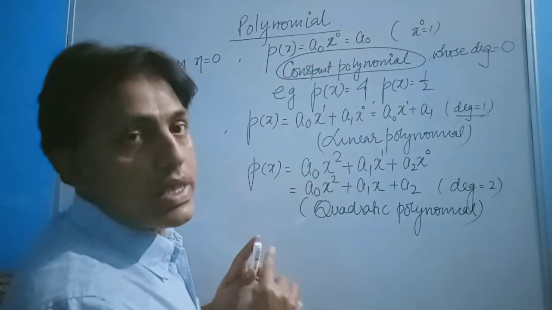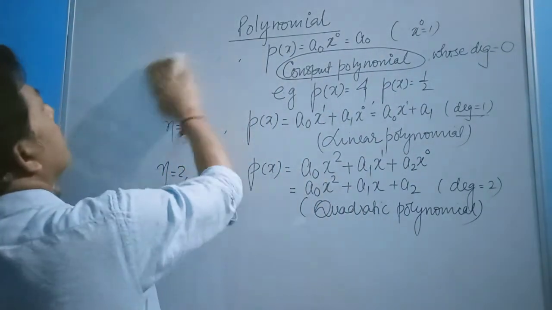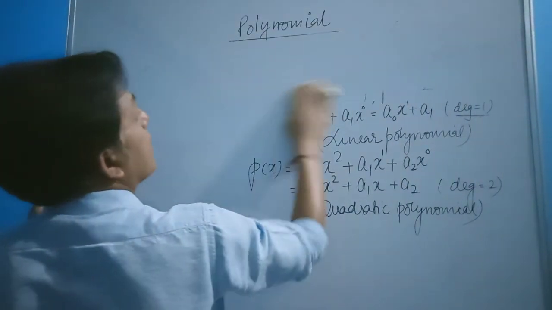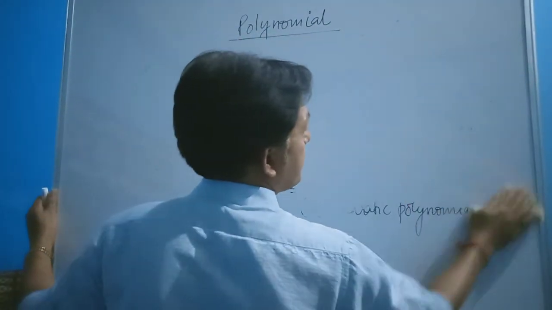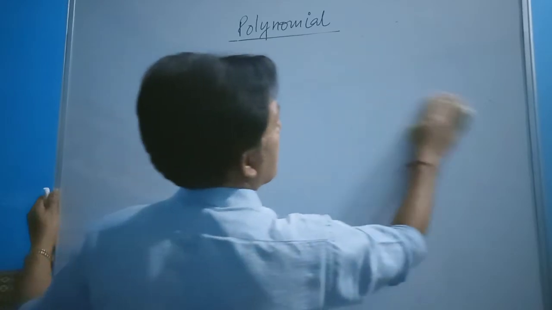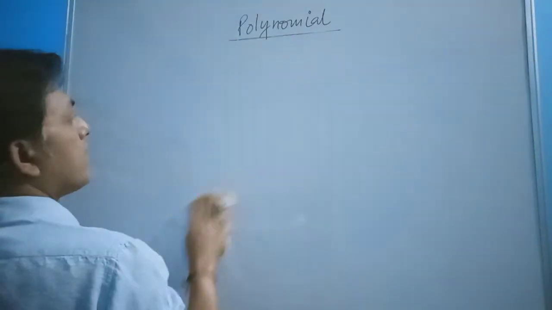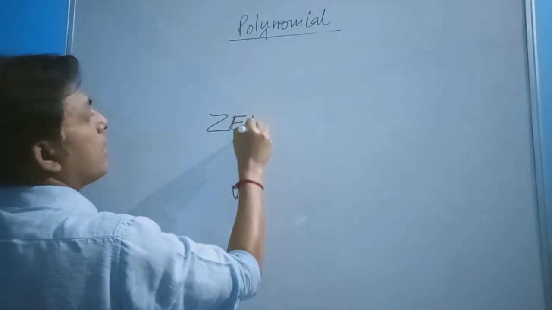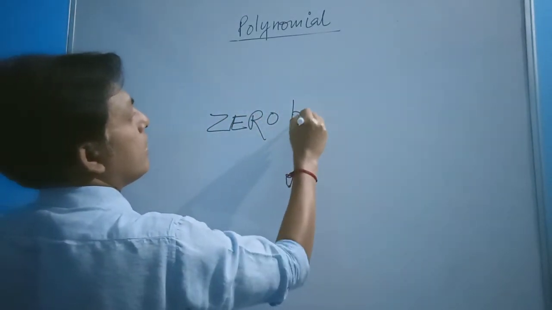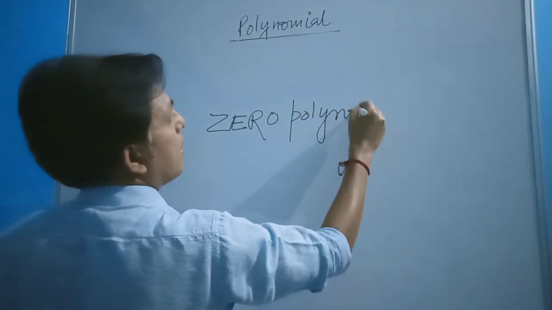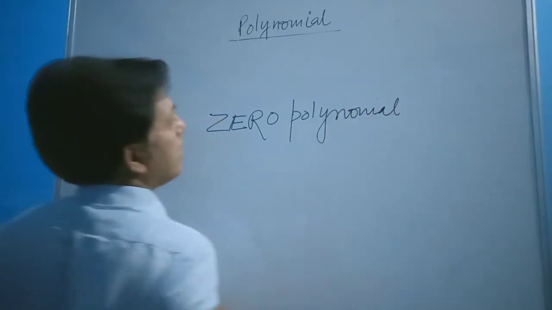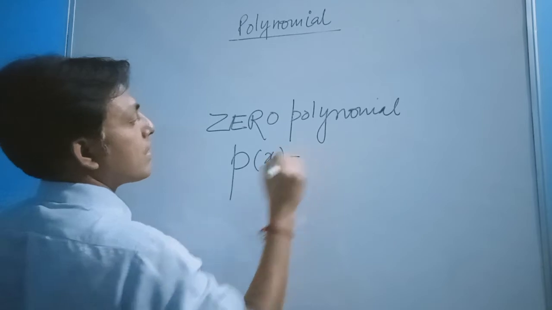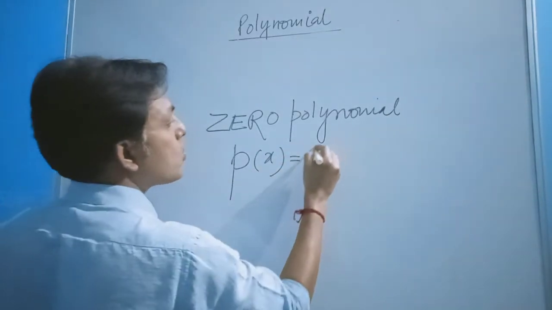Along with all these categories, we have one very special type of polynomial, which is called zero polynomial. Zero polynomial. Px equal to 0.